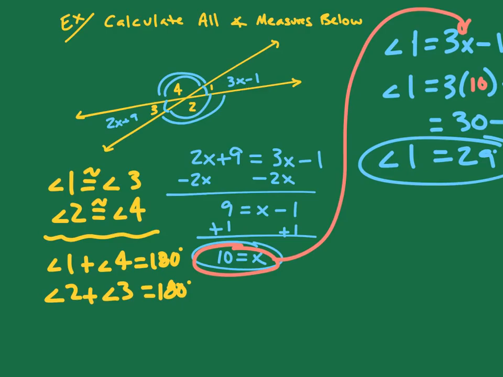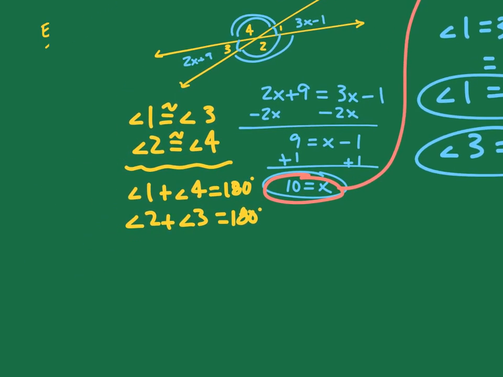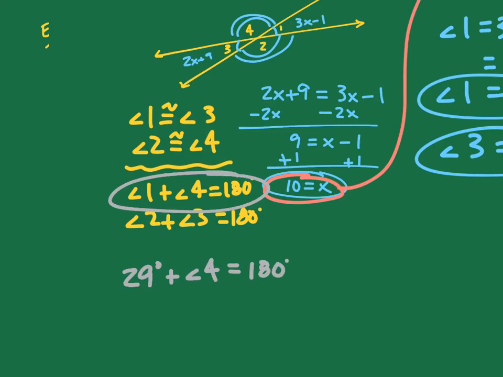I could do more. However, what I want to do is use the fact that angle 1 is 29 degrees to then draw some conclusions. Because angle 1 is congruent to angle 3, and angle 1 is 29 degrees, that means that angle 3 is also 29 degrees. Now, the other thing that I want to figure out is what angles 4 and 2 are. So I'm going to say 29 degrees plus angle 4 is equal to 180 degrees.